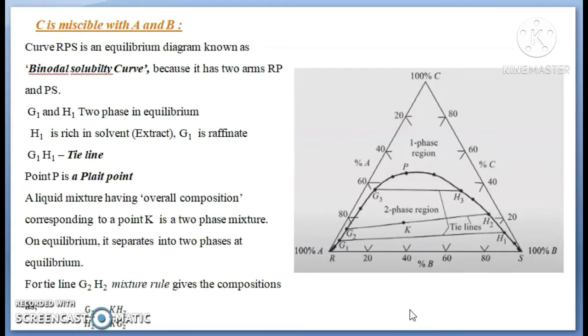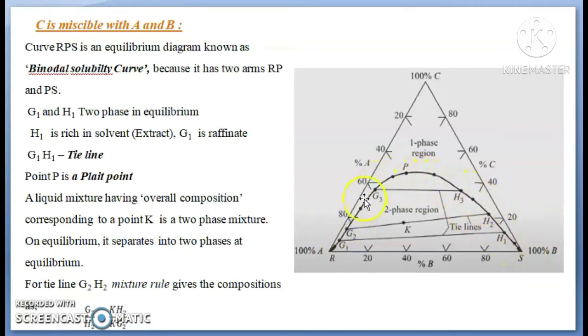Now first of all we'll see the first case, that is, solute C is miscible with A and B, which is shown by the equilateral triangular diagram. Here we have the curve RPS, an equilibrium diagram within the equilateral triangle. If you plot the equilibrium concentrations, we obtain a binodal solubility curve.